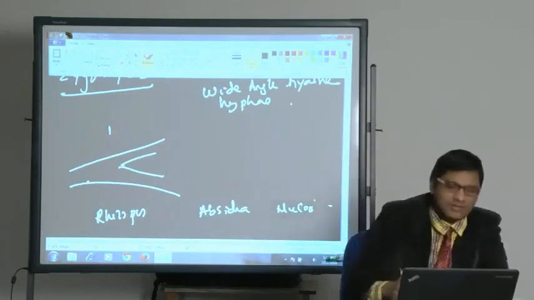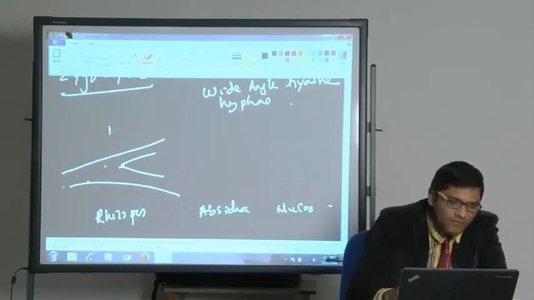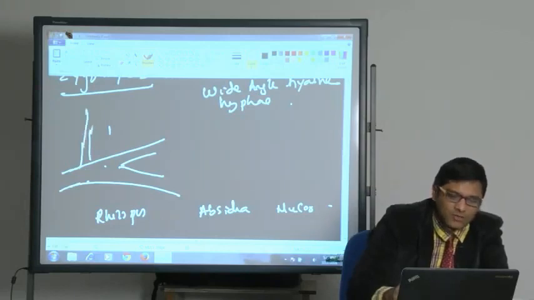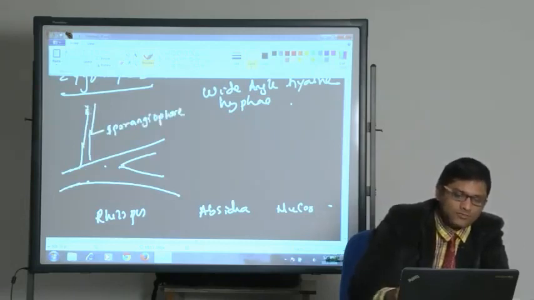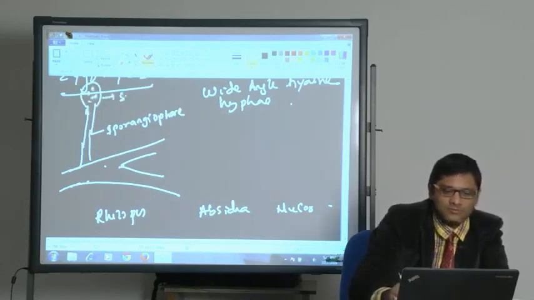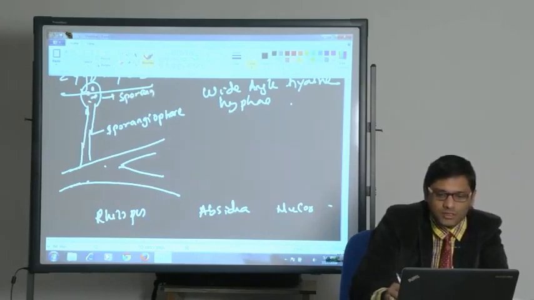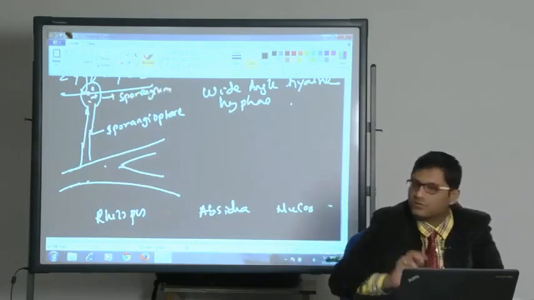Please have a look. This is the hypha of Zygomycetes. From the hypha, a structure arises called sporangiophore. Sporangiophore leads to a sac-like structure called sporangium. Sporangium is filled with spores.